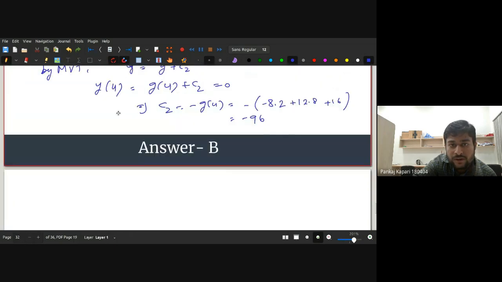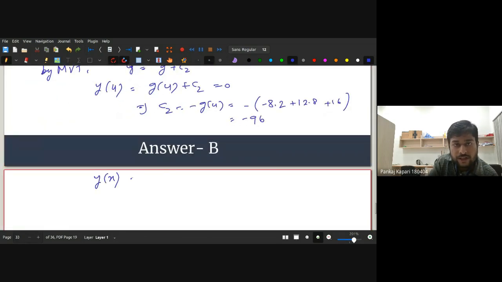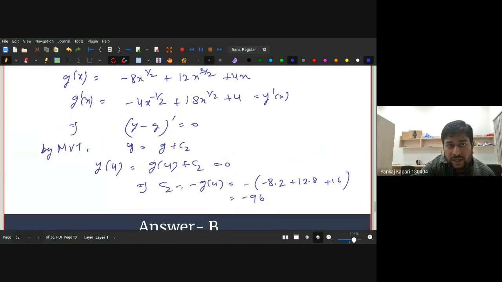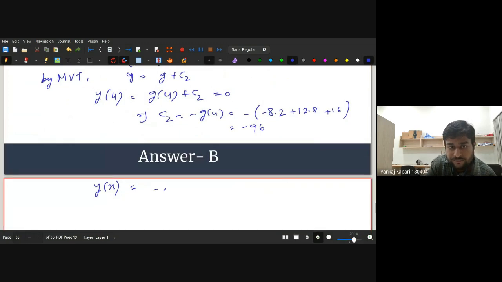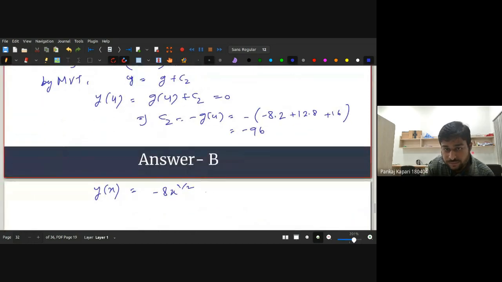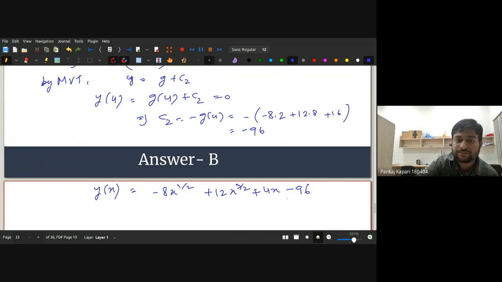So what is the function? Our function y of x, which was g plus constant, we can write now. This is minus 8 x to the power half plus 12 times x to the power 3 by 2 plus 4x, and now we have the second constant, which is just minus 96.